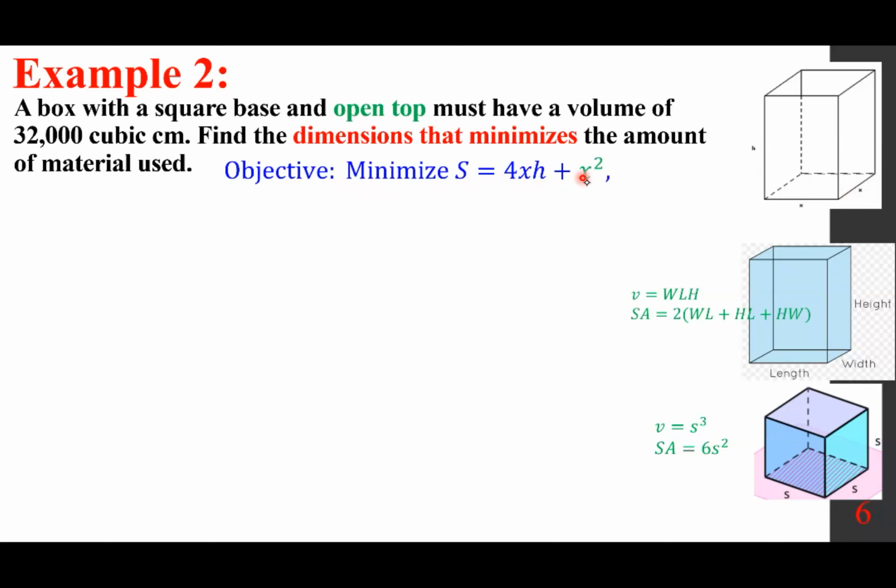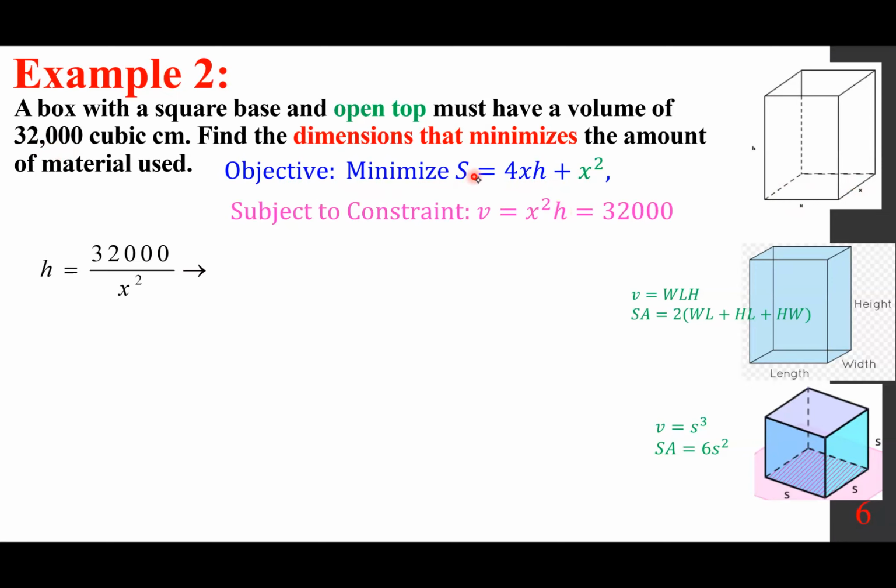And the constraint is that the volume, x squared h, x times x times h, is 32,000. This is the translation of the question. So to solve this, we solve for h first, and we put it into s in order to make it a function of one variable.